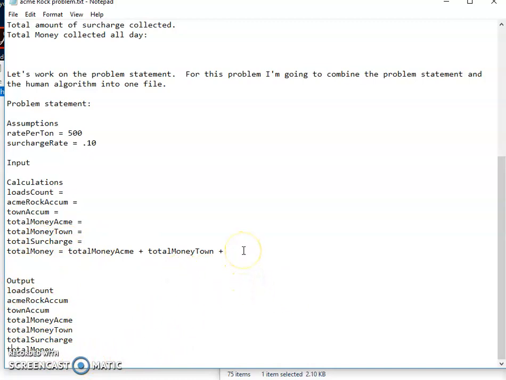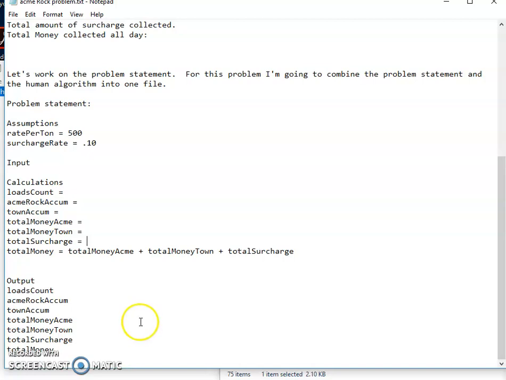So the last one is going to be the surcharge. So I'm going to Control-C, Control-V, and now we have the math that we have for the total money. Then we move up to our surcharge. The surcharge is based only on the Acme Rock Company, and it's 10% of the money, an addition of 10% on what they've collected all day.